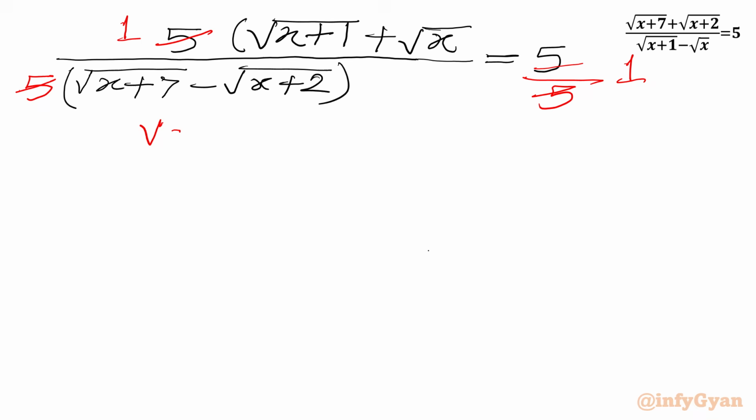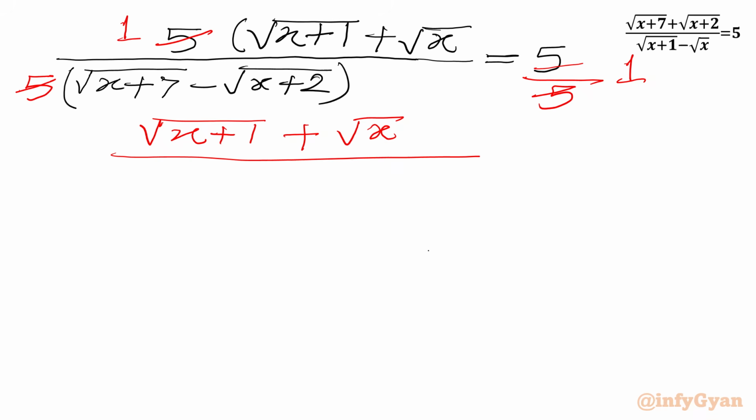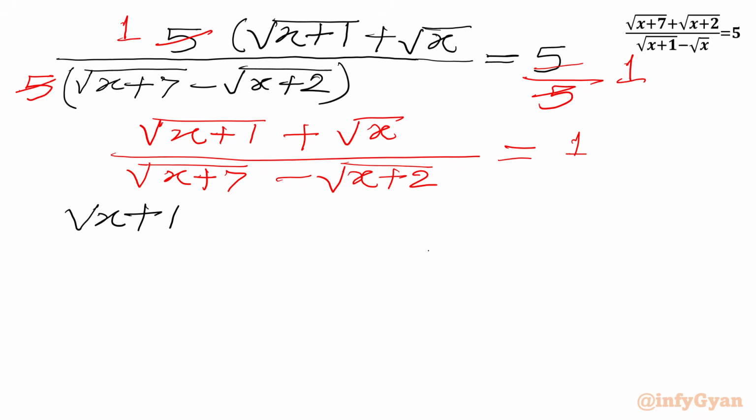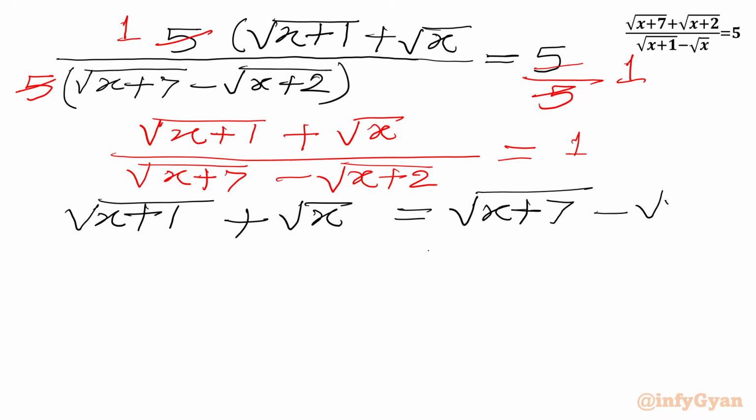So our equation becomes (√(x+1) + √x) over (√(x+7) − √(x+2)) equal to 1. Now we are going to cross multiply. We will write √(x+1) + √x equal to √(x+7) − √(x+2).